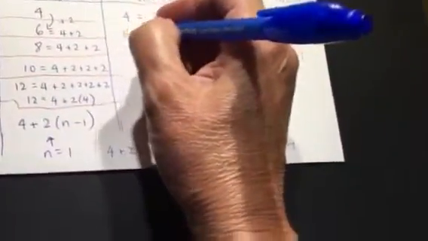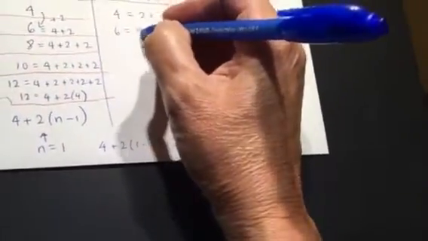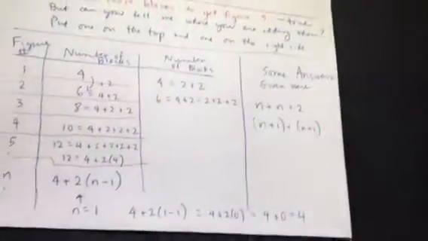But now some of you did this. You said 4 is 2 plus 2. And I really wasn't looking for that, but that was a great way to proceed. And then you had 6, and 6 was 4 plus 2, and 4 was 2 plus 2, so it's 2 plus 2 plus 2.